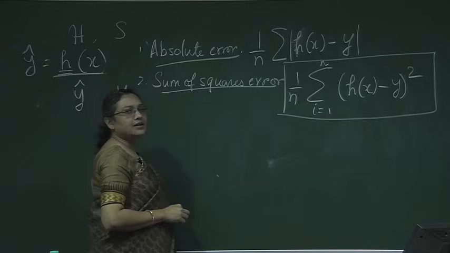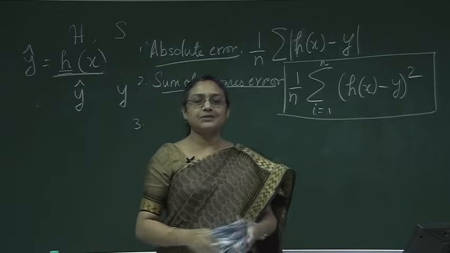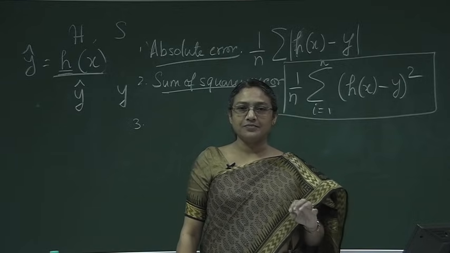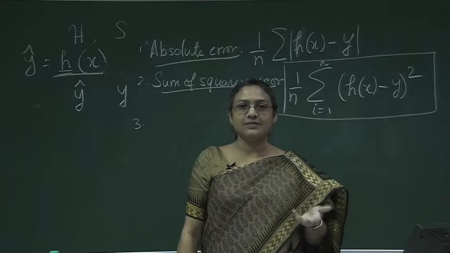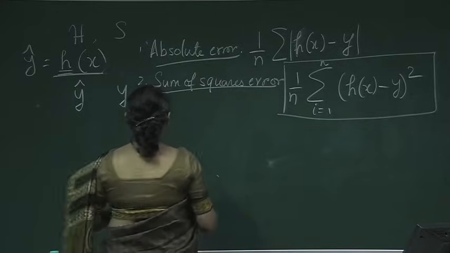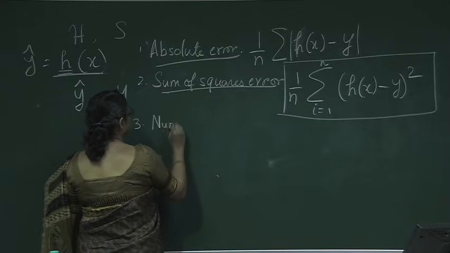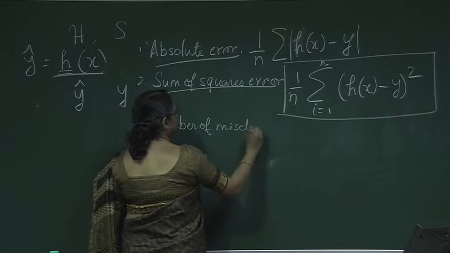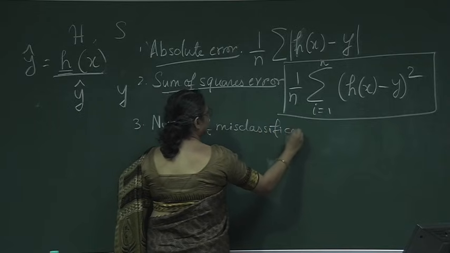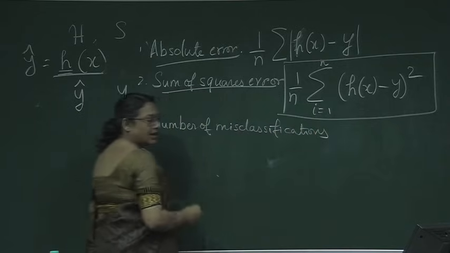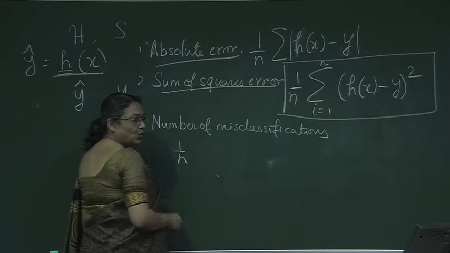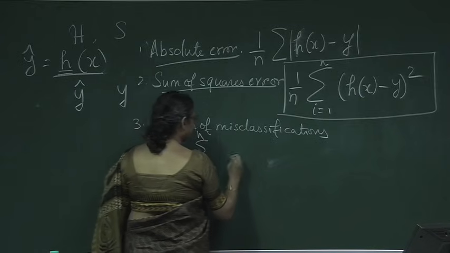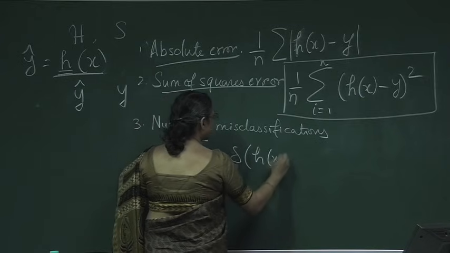So, absolute error and sum of squares errors are especially useful for regression problems. For classification problems, you can look at the number of misclassifications, which can be defined to be 1 by n sigma i equal to 1 to n delta(h(x), y).